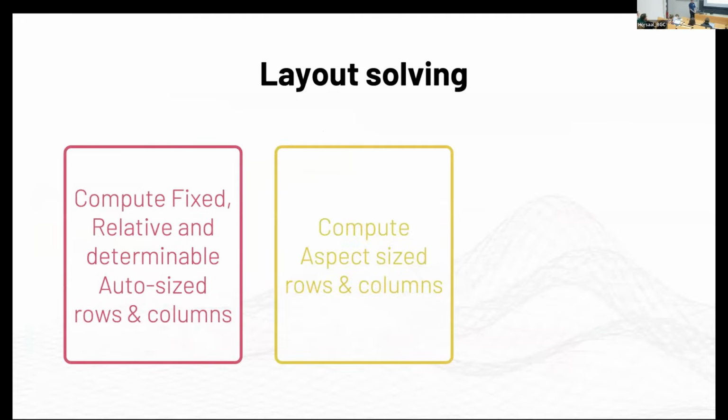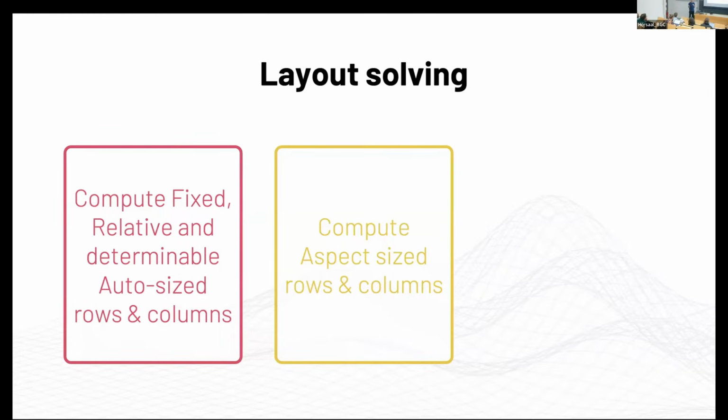Okay, then the next step is to compute aspect-sized rows and columns, and an aspect-sized column works like this. You give a reference row if it's a column that you size, or you give a reference column if it's a row that you size, because aspect ratio is obviously always about the other dimension. And then you say, okay, I want the first column always to be in a ratio of 1-to-1 with the first row.